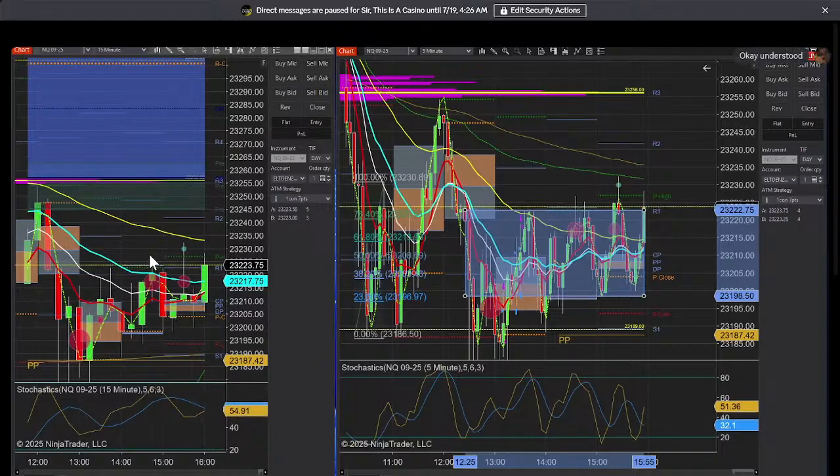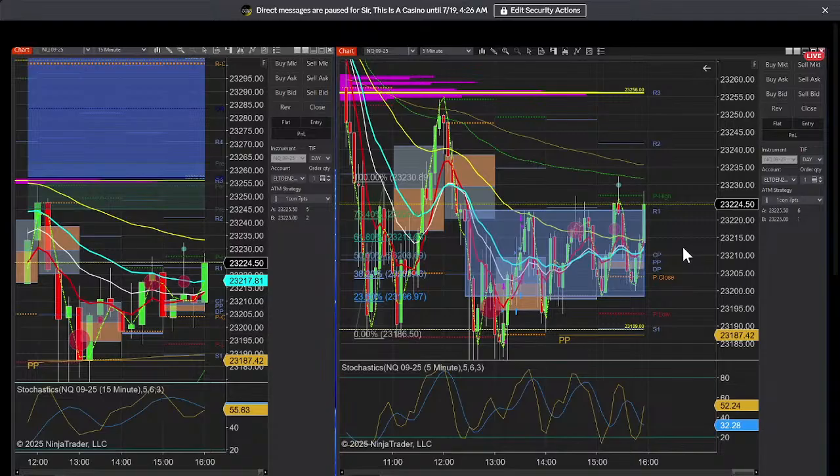Whatever they tell you your drawdown is for that account during eval, you don't want to have any less than that once you go live, because your brain is already wired to think, okay, I have this much that I can lose.